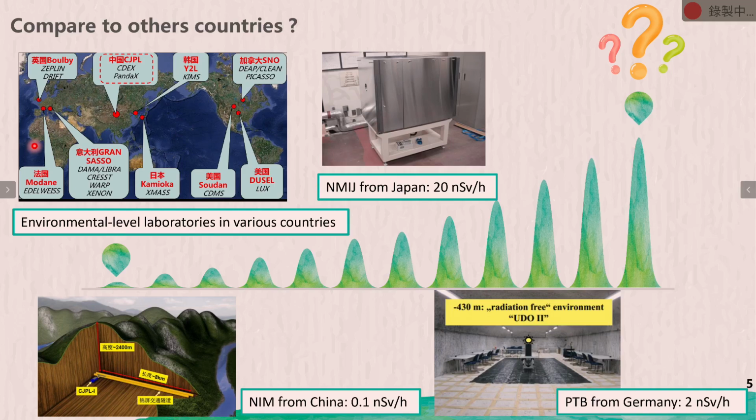In England, China, Korea and other international countries, from Japan they can detect almost 20 nanosieverts per hour. NIM from China can detect almost 0.1 nanosieverts per hour, and PTB from Germany can detect almost 2 nanosieverts per hour. So what about us?